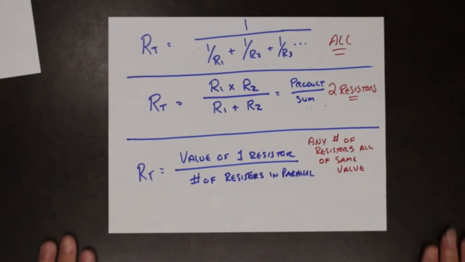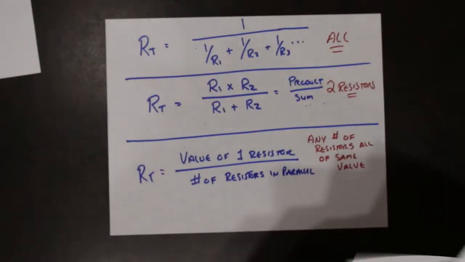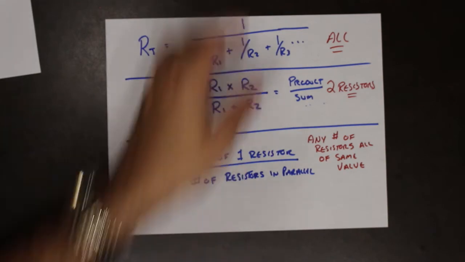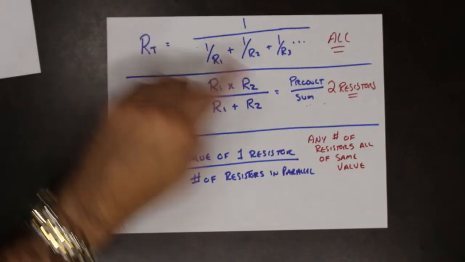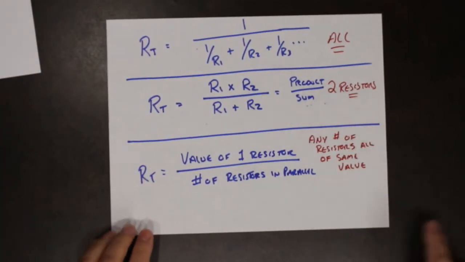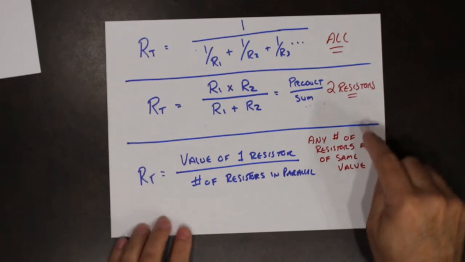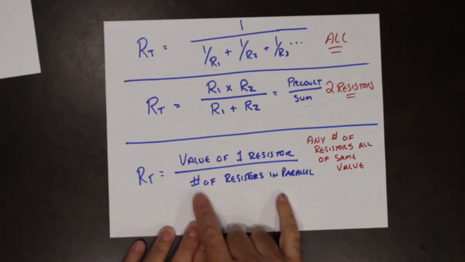So, again, this one works in all circumstances. This one works when we have two resistors in parallel. This one works when we have any number of resistors in parallel, but they all must have the same value.